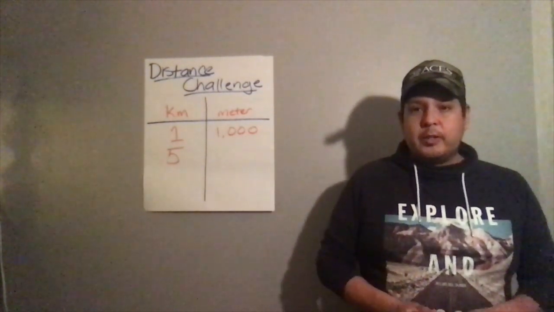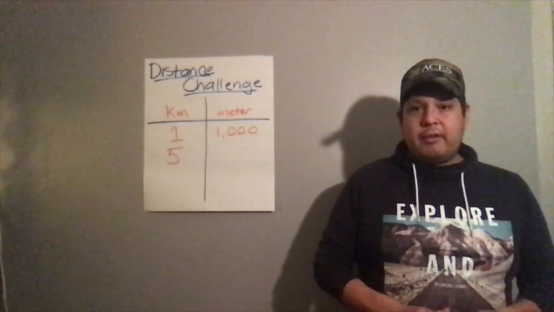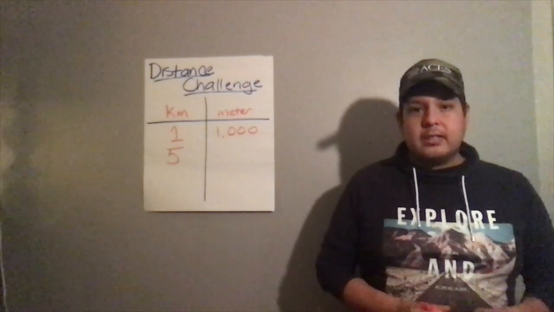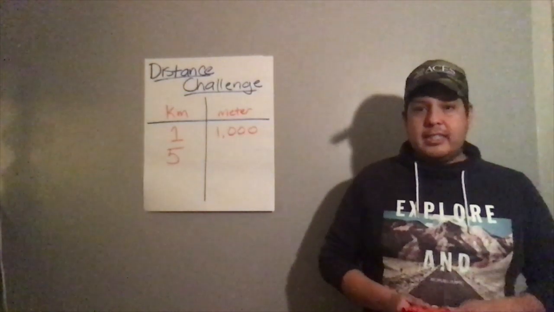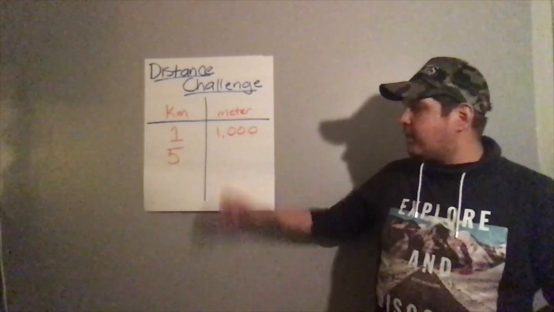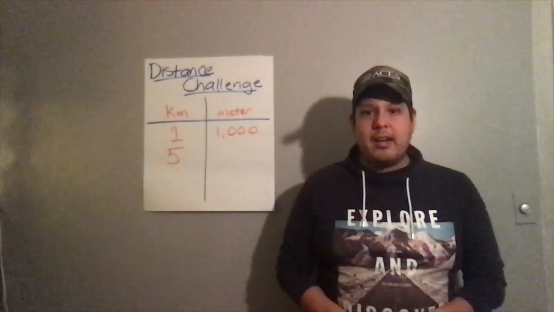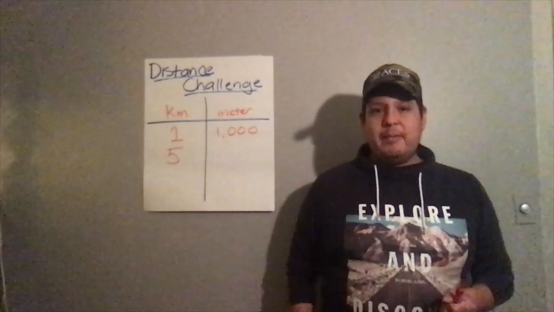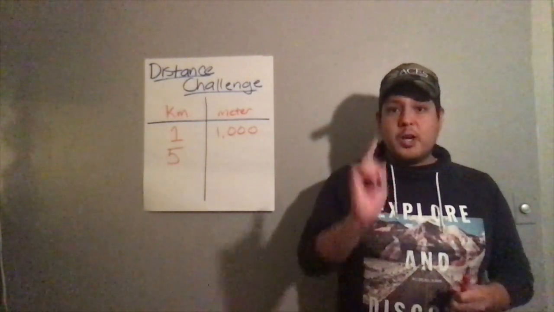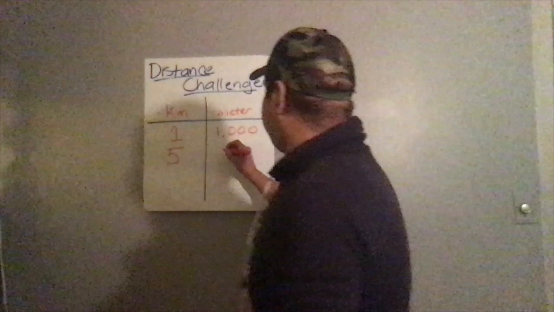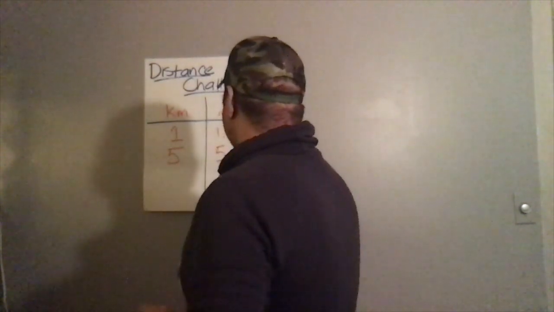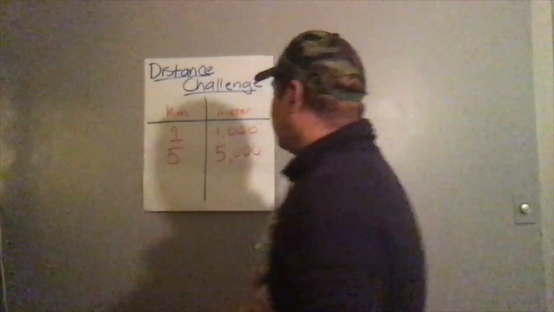Okay? The Girls on the Run ran a 5K or 5 kilometers, and 1 kilometer is 1,000 meters. How many meters did the Girls on the Run run? Good. If you said 5,000, you are correct.